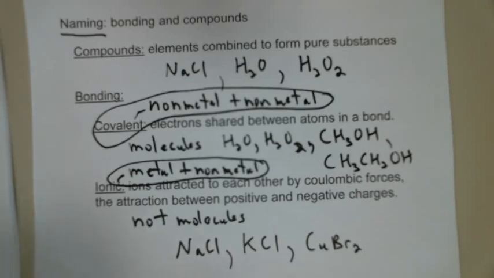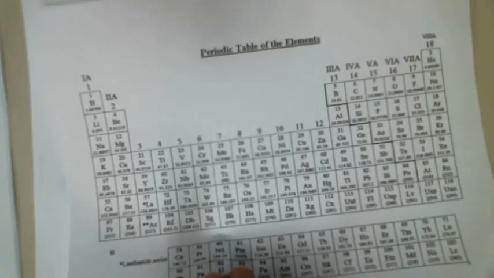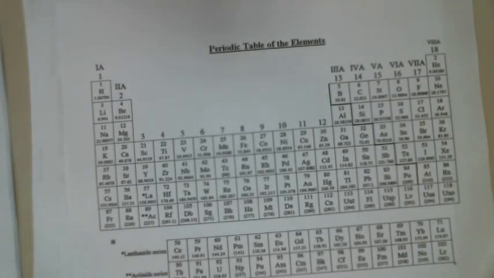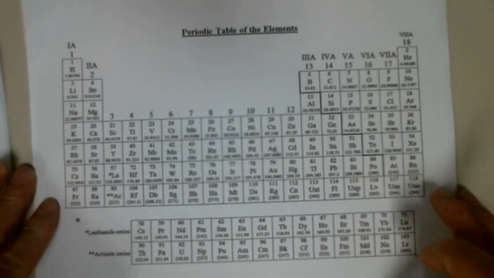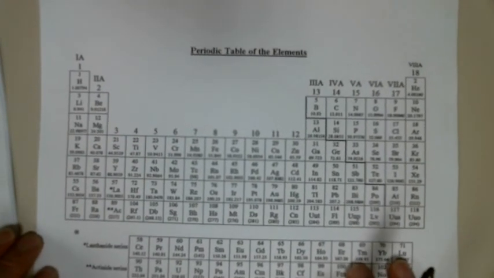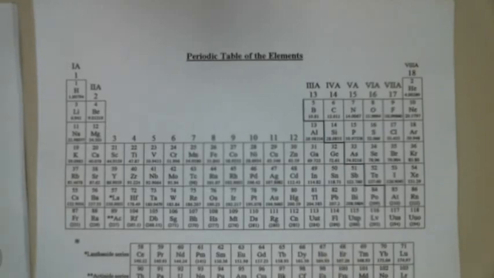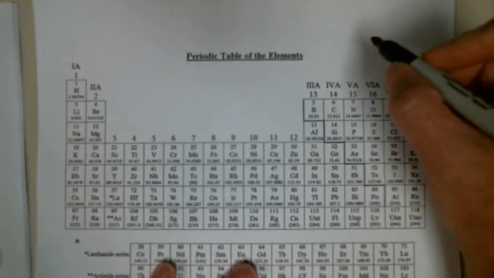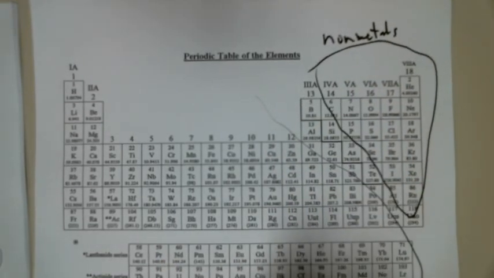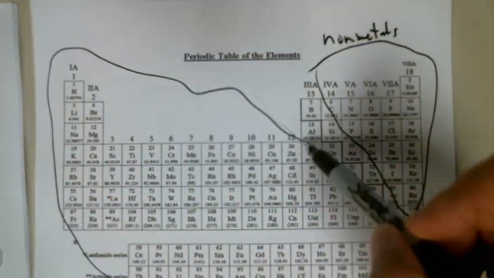Okay, so now let's find the next page. Aha, on the handout, a periodic table. So we did this the other day, and we talked about nonmetals over here, and these are all metals.